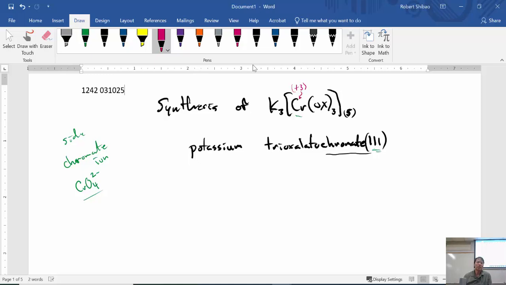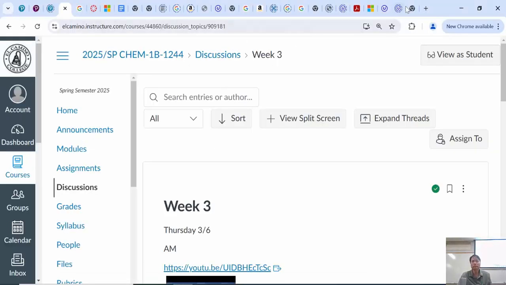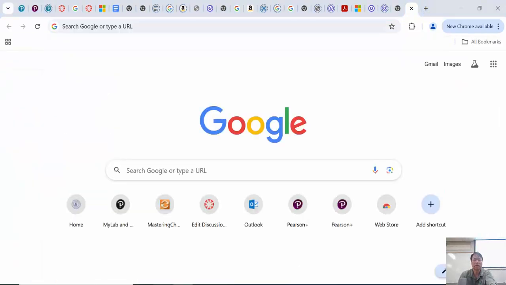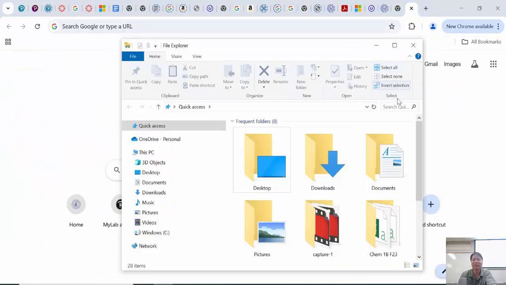What is the oxidation state of chromium in chromate? +6. Let's take a look at the periodic table. Actually, let me pull up my periodic table here.